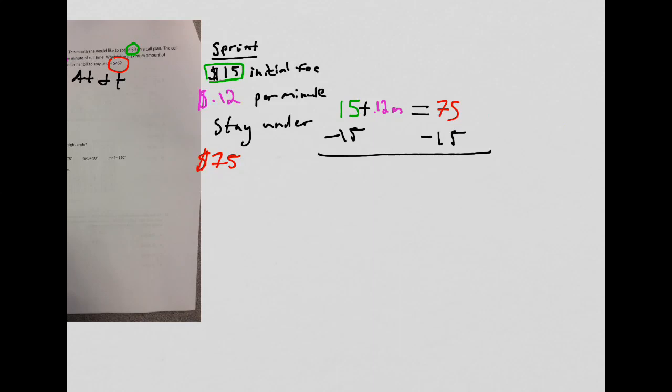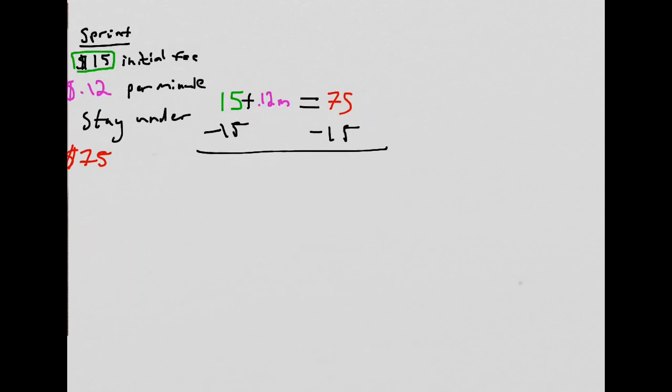The 15 really is being added to this 0.12 times m. We'll take care of this one first. If you wanted to, we could have also written it like this, 15. Either way is fine. I'll actually model both ways.